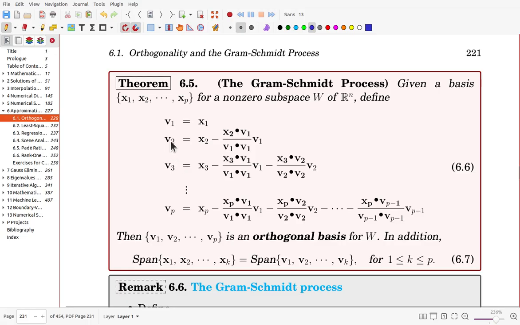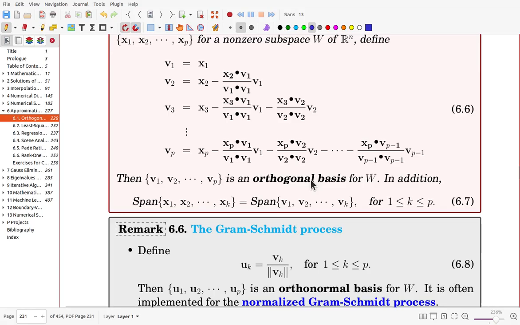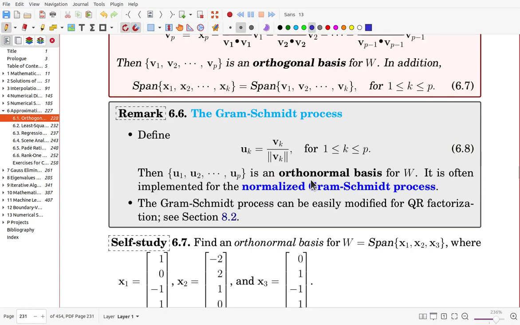And again, v2 is normalized, and then these are not necessary, and so on. That's the reason it is often implemented along with normalization.